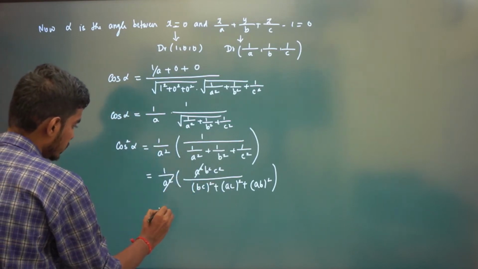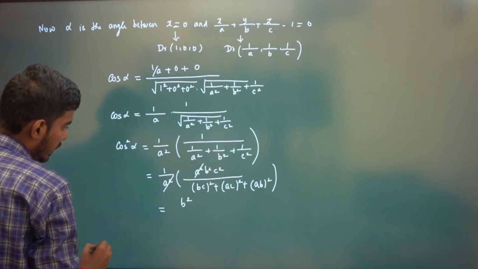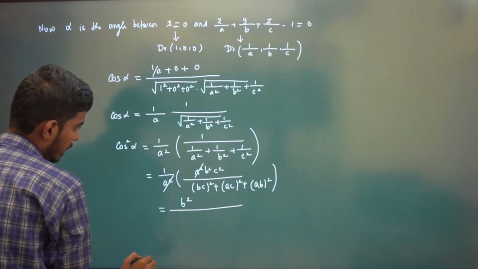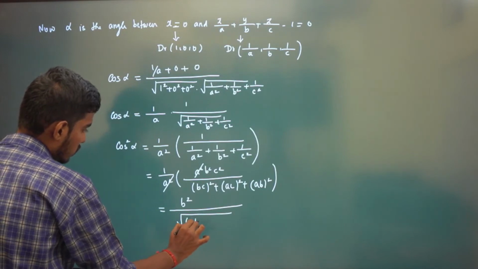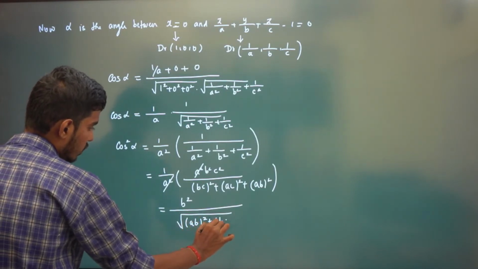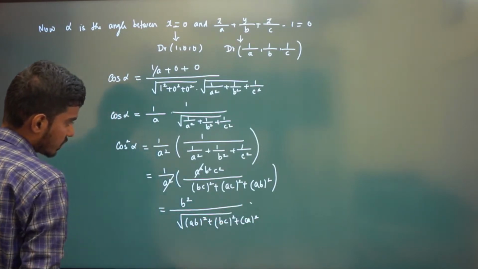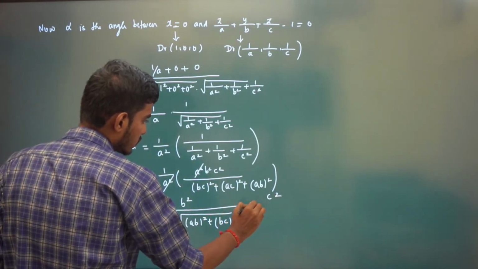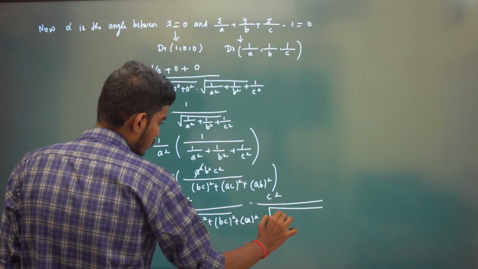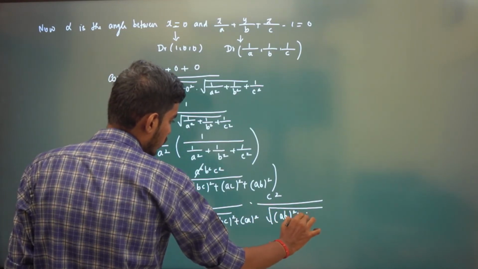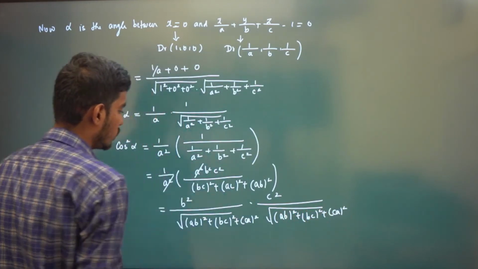So I can write this as b square divided by root of ab whole square plus bc whole square plus ca whole square into c square divided by root of ab whole square plus bc whole square plus ca whole square. Both are same only, right?